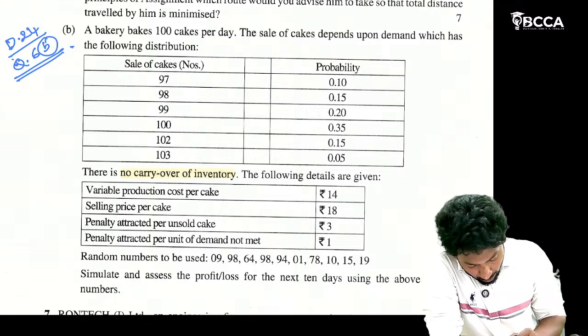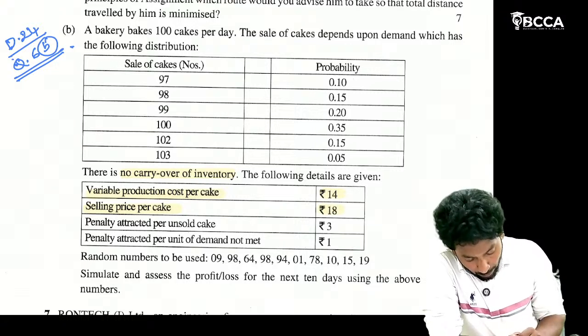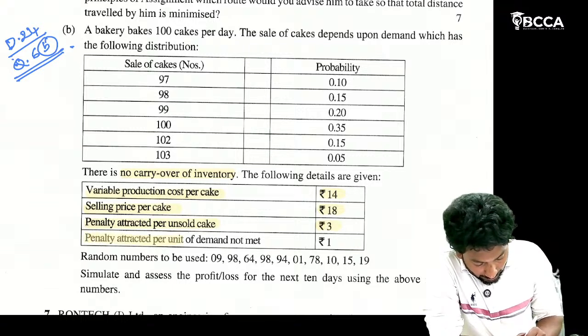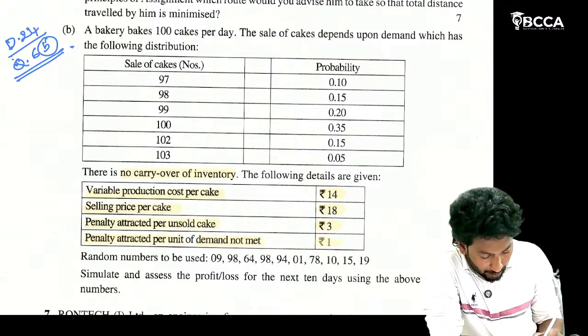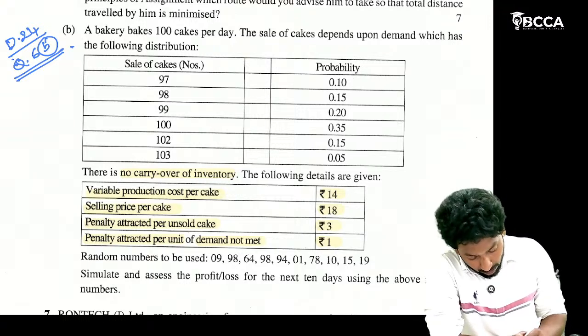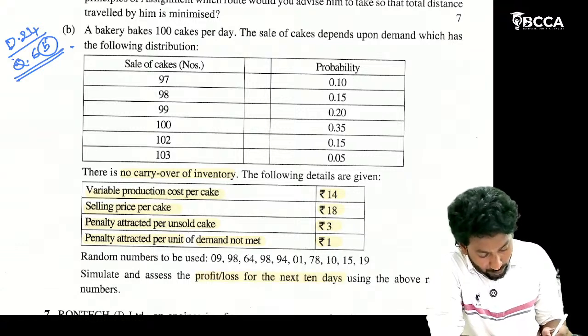Penalty attracted per unsold cake is 3 rupees. Penalty attracted per unit of demand not met is given too. Simulate and assess profit and loss for the next 10 days using the above random numbers.